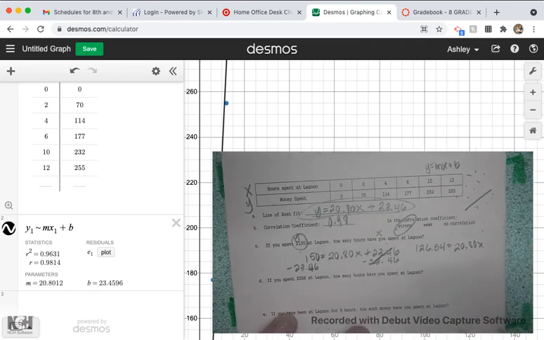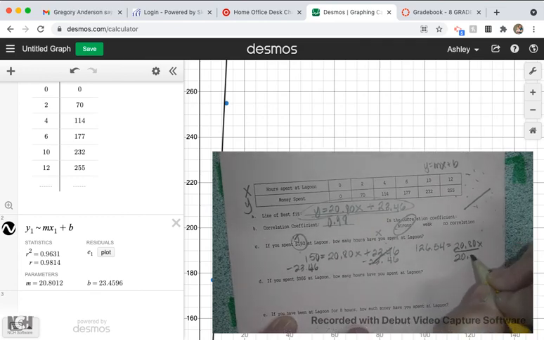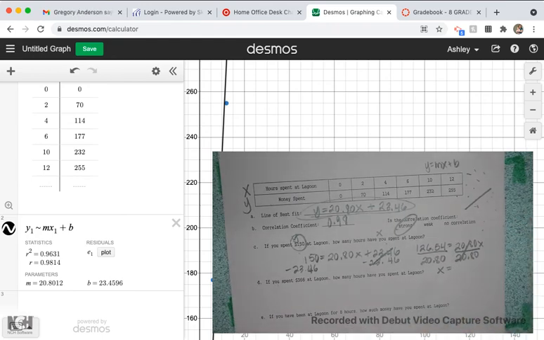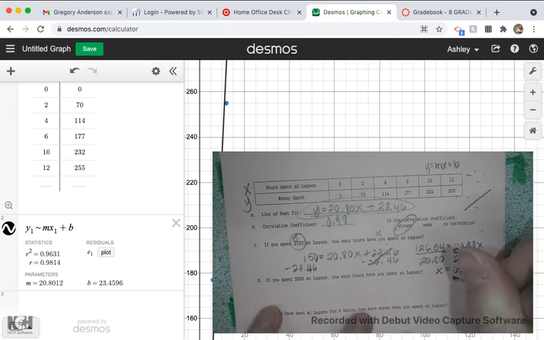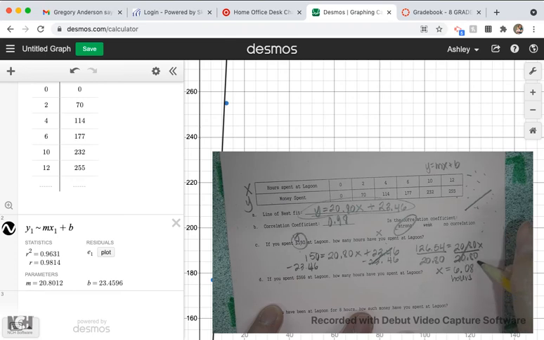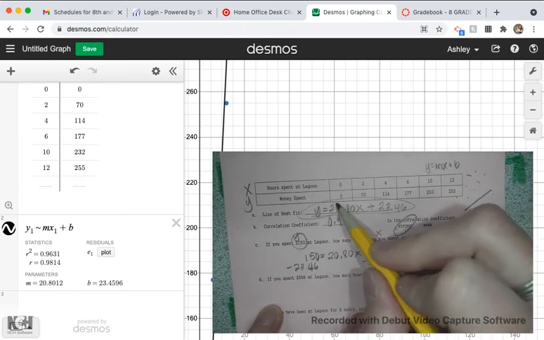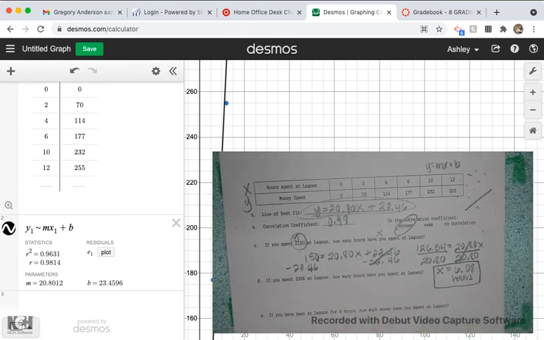To get this variable by itself, we then have to divide each side by 20.8, and it's the same process each and every time. My x, or my hours that I spent at Lagoon, in order to have spent $150 at Lagoon, is 6 hours and some change. Okay, now this is just based on this information. So if this information is slightly different, then my numbers will also be different.